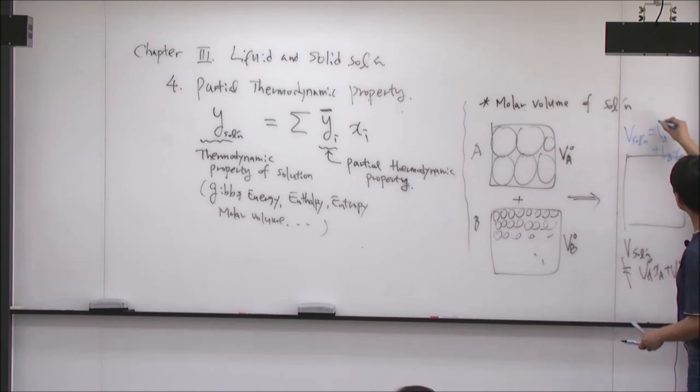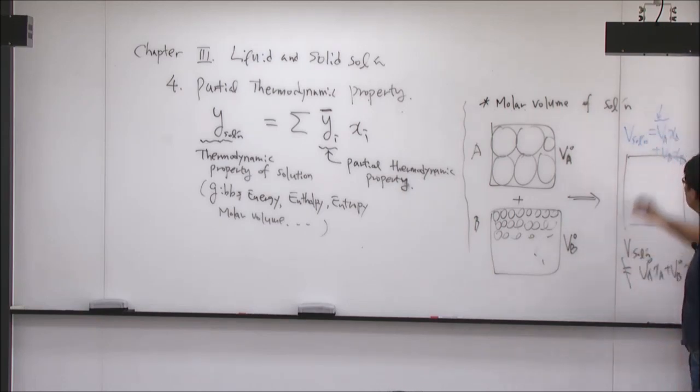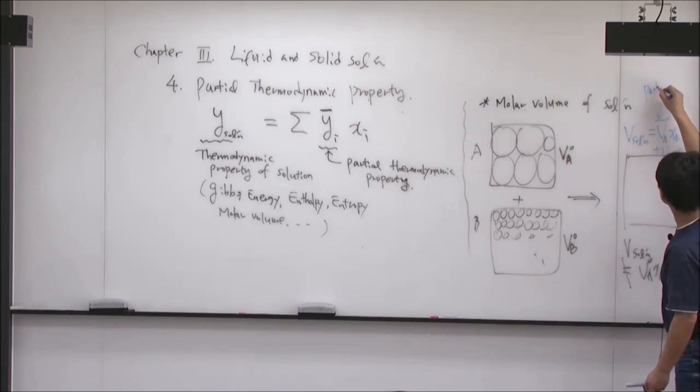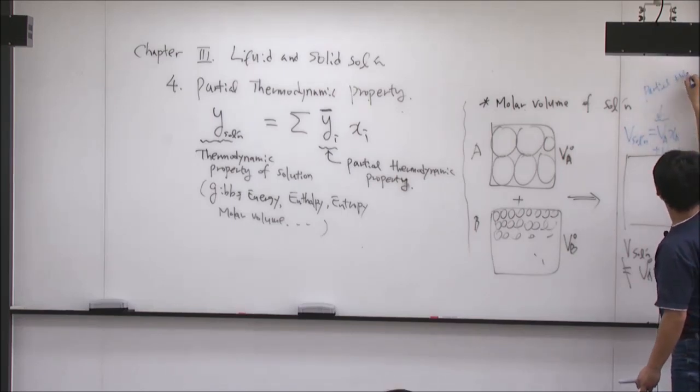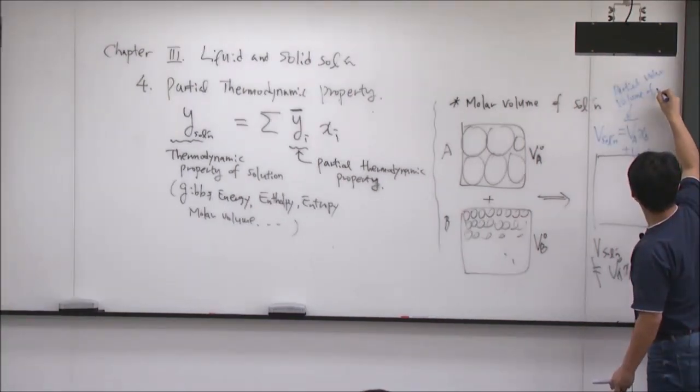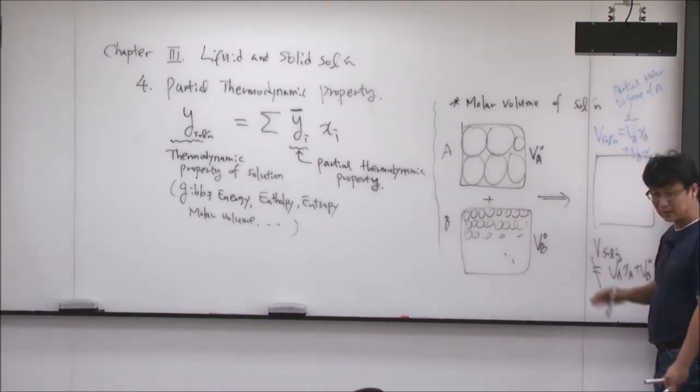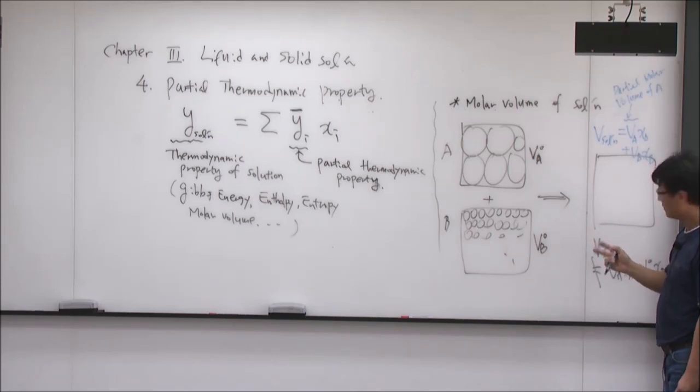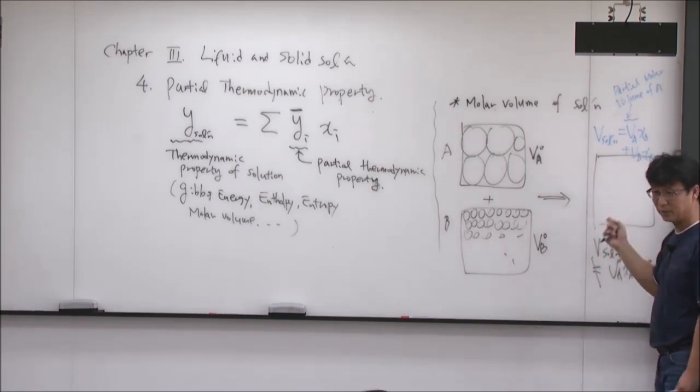And this one, we call it partial molar volume of the A species at the given condition. And same thing, this one is the partial molar volume of B at the given condition.